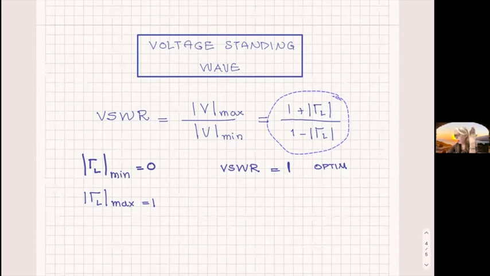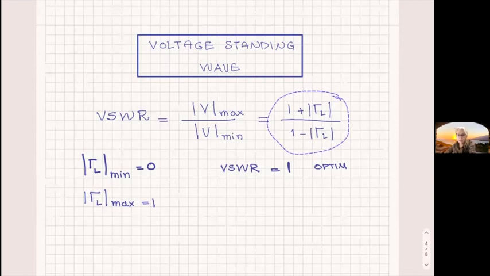Therefore the optimal case for VSWR is 1. Now, when we make components, and if you are to go and buy, say, a filter that somebody has designed, or a low noise amplifier, at the input port, you want to know how much of a reflection this is going to create to your line. Usually they give you as one of the parameters a VSWR. And good values for VSWR is 1.1.